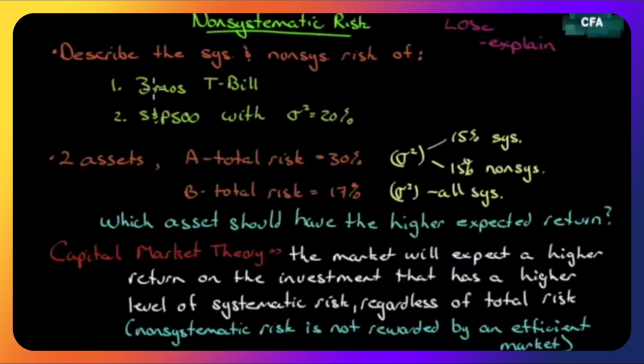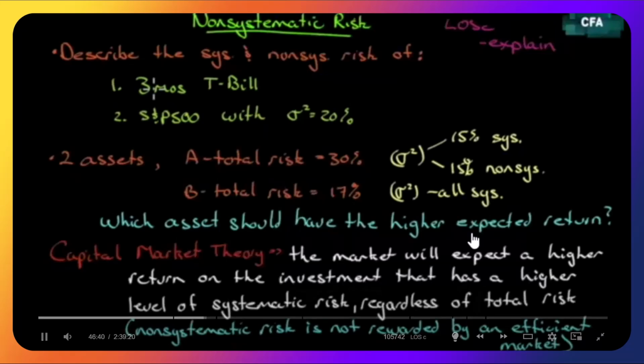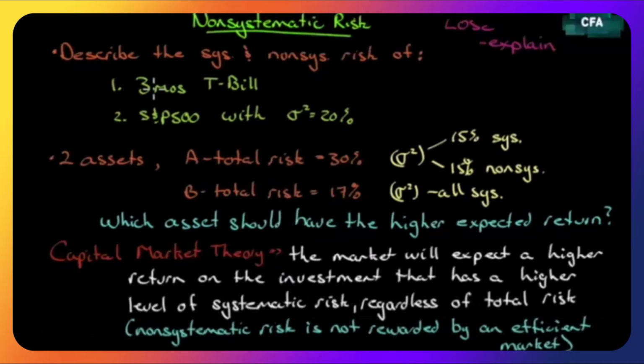Number 2, the S&P 500 with a variance of 20%. What type of risk does that have? Well, we know that the market portfolio has market risk. If we want to determine the level of market risk, we can simply look at the S&P 500 and the variance of the returns over time, whether daily, weekly, or monthly. We can do that statistically.